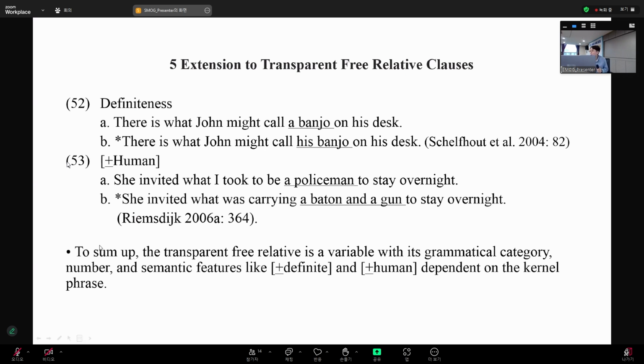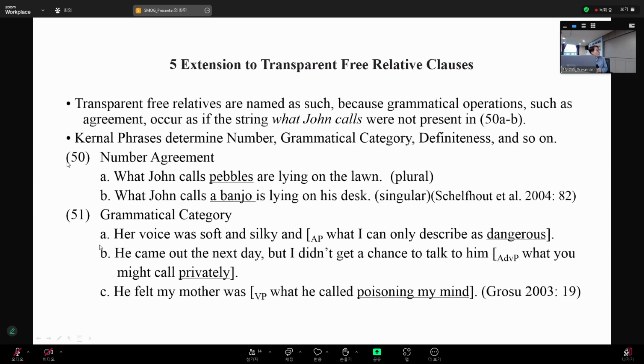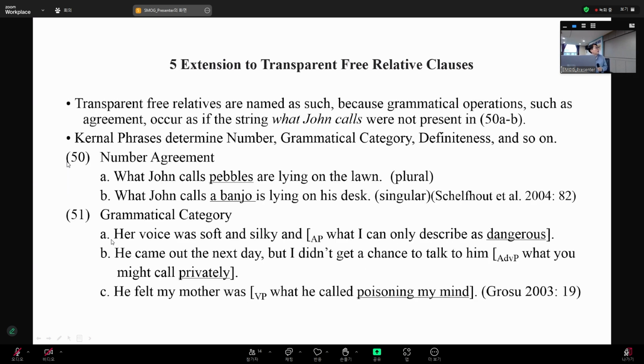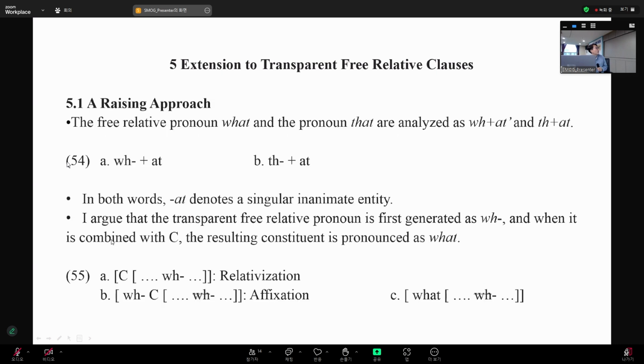Which example? I'm sorry. What is that? So the determiner actually moves after what, something like that. I cannot remember the example. I will draw it later.